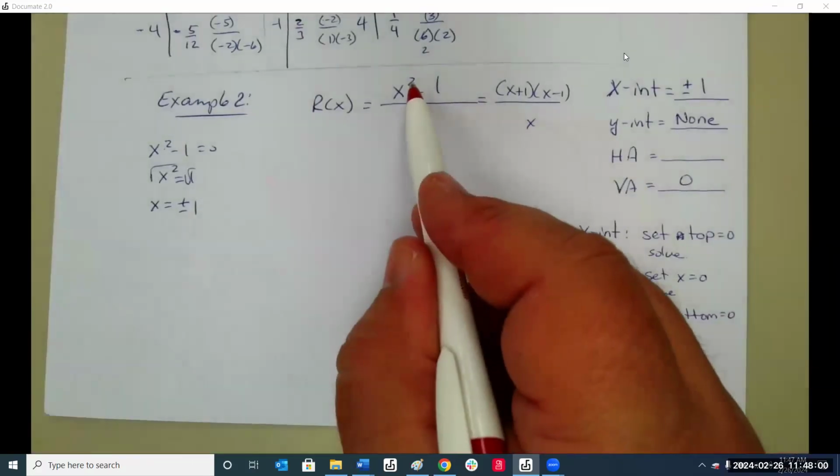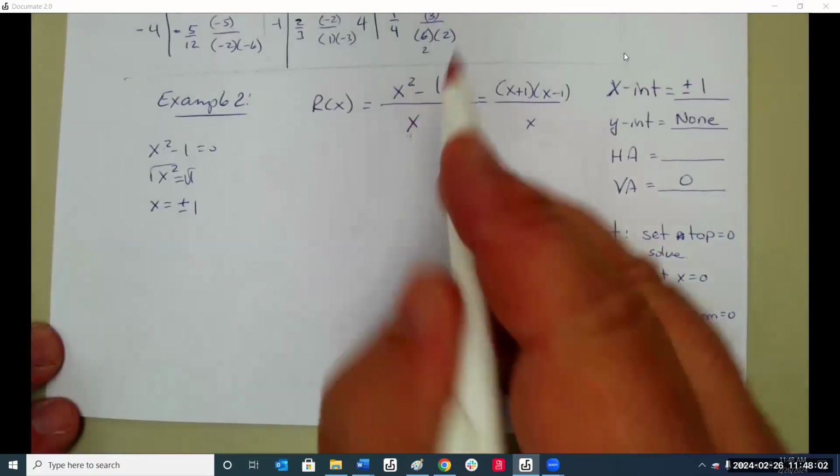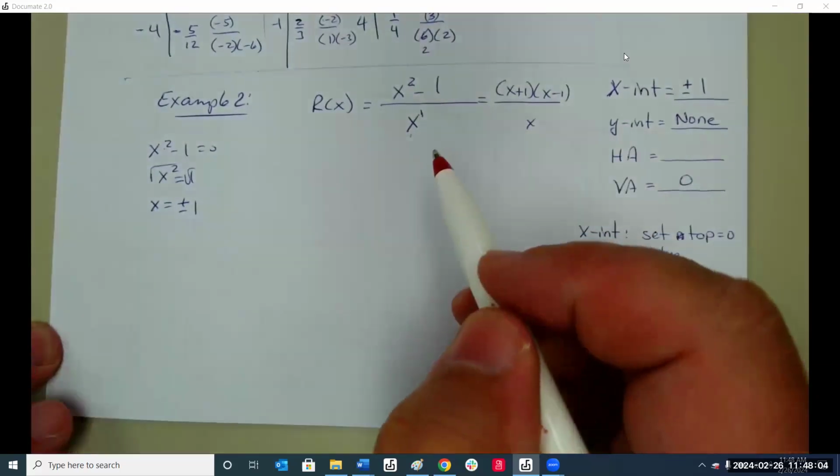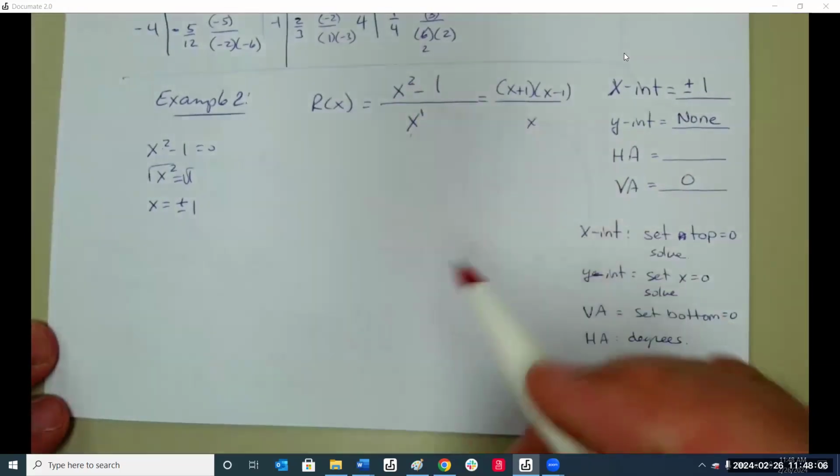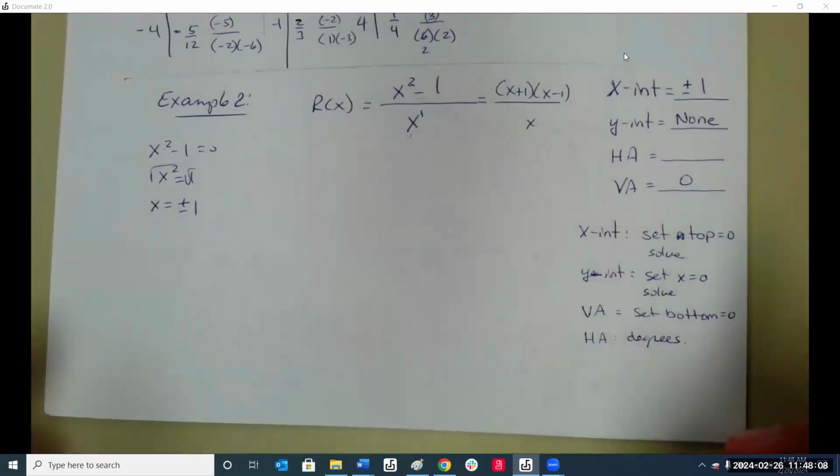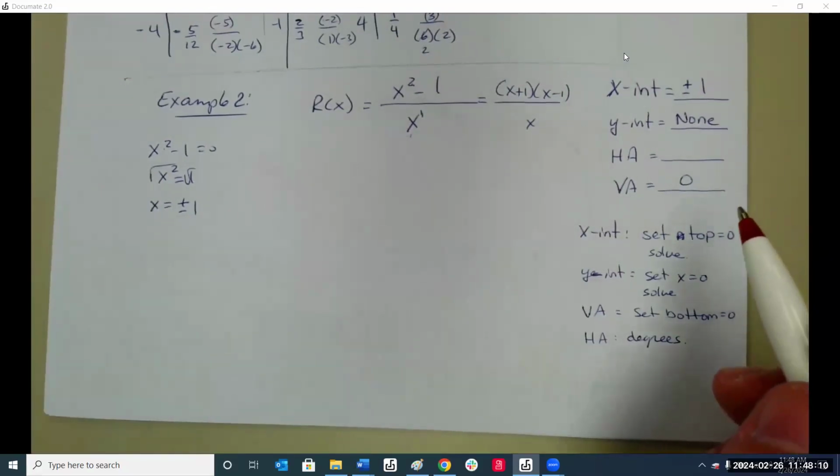Do we have a horizontal asymptote? No, because the top is bigger than the bottom, but it's bigger than the bottom by 1. So what does that mean we have? An oblique asymptote.